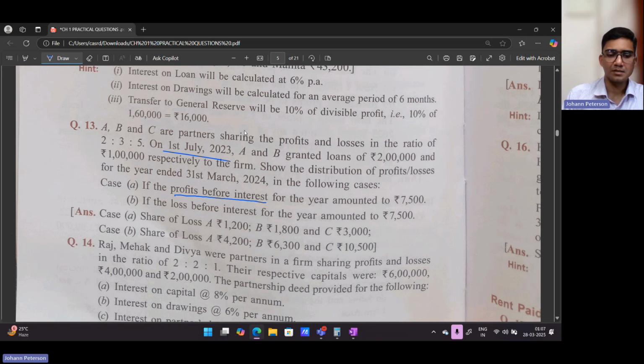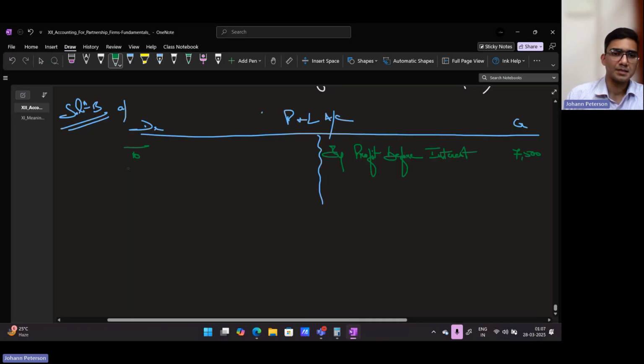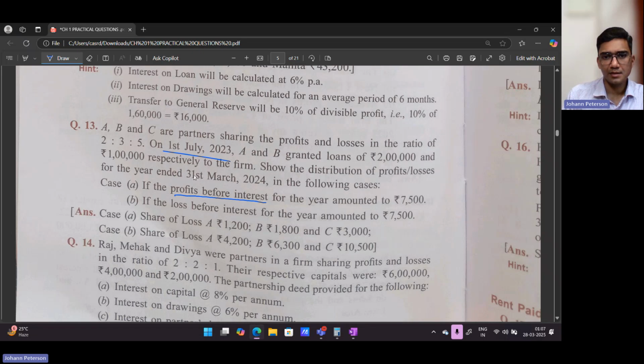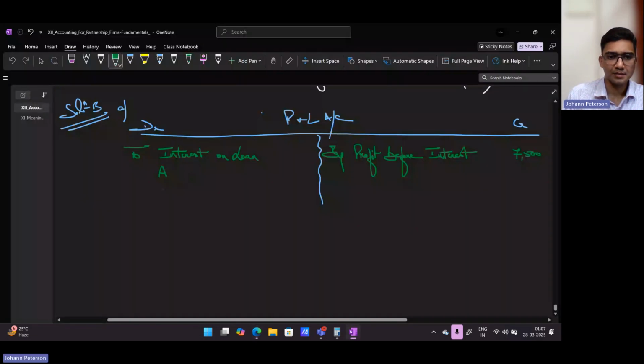So on 1st of July, A has given a loan of 2 lakh. So to interest on loan to A and B. We have to calculate these amounts.